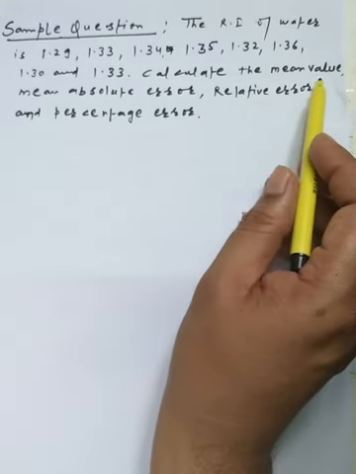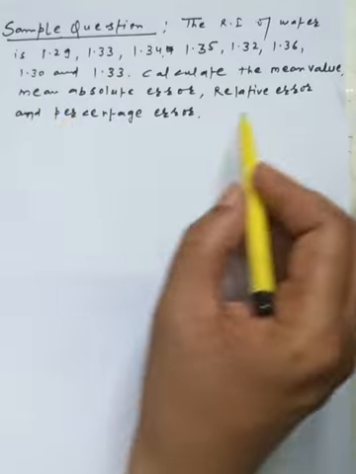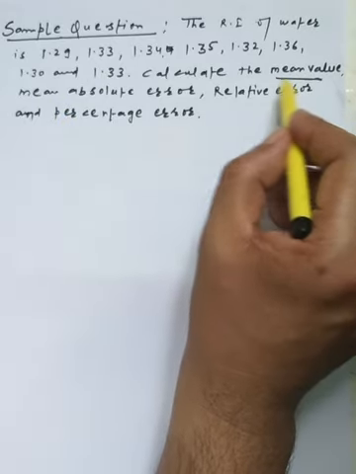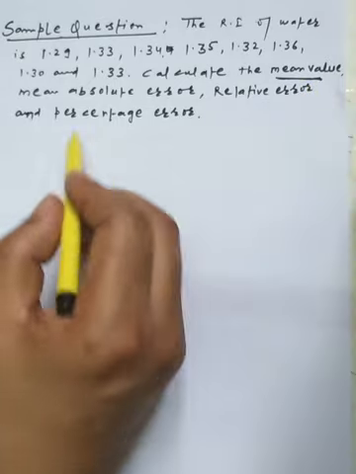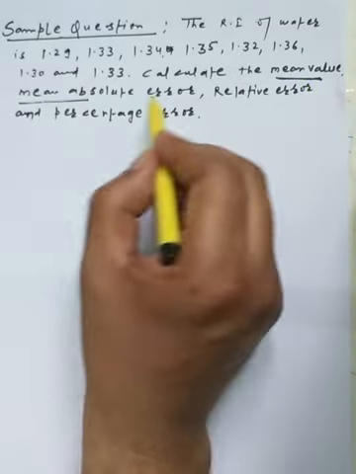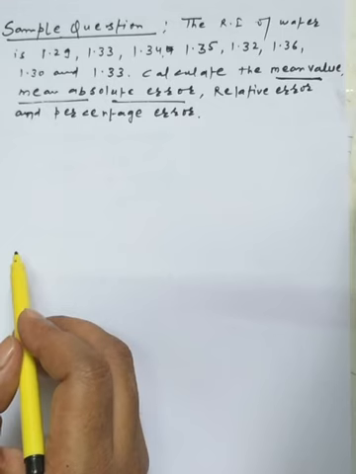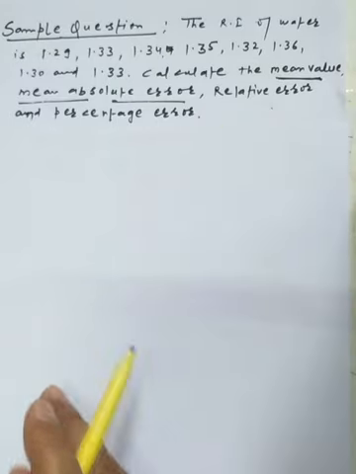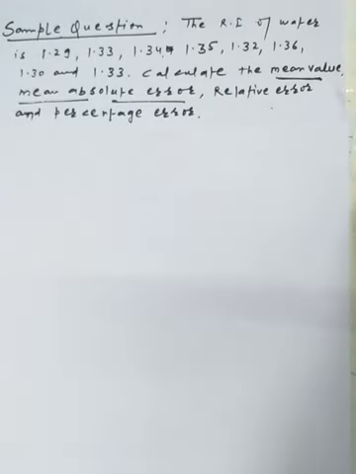Calculate the mean value, the arithmetic mean, then the mean absolute error, that is the arithmetic mean of all the individual absolute errors, the relative error and the percentage error. So four terms we have included in this numerical.